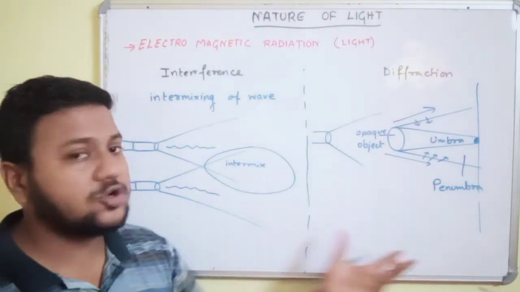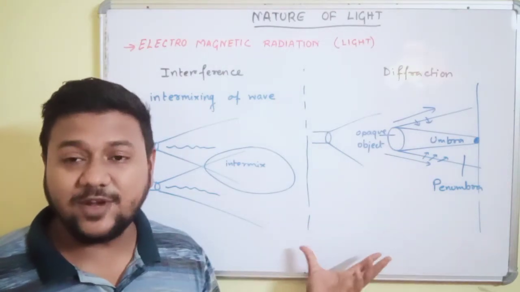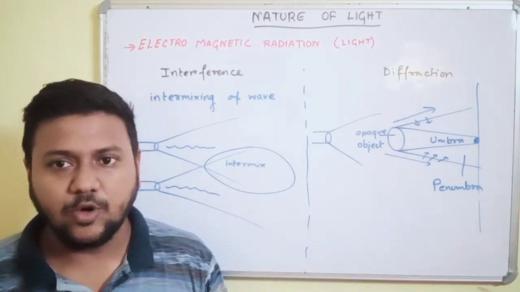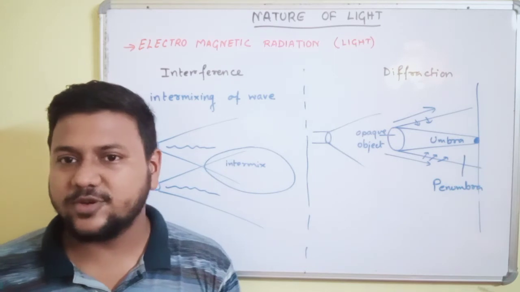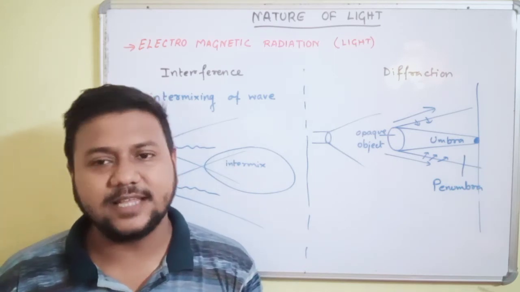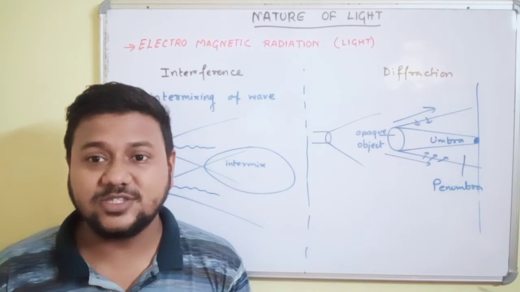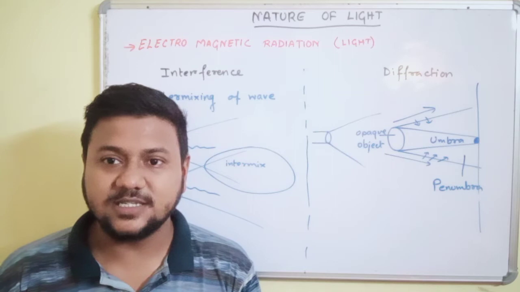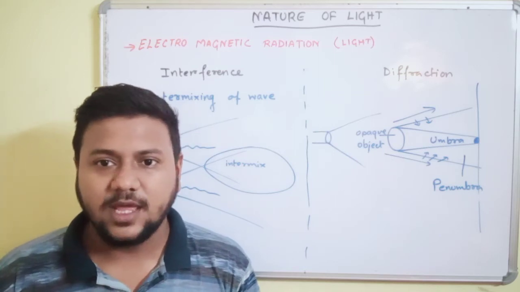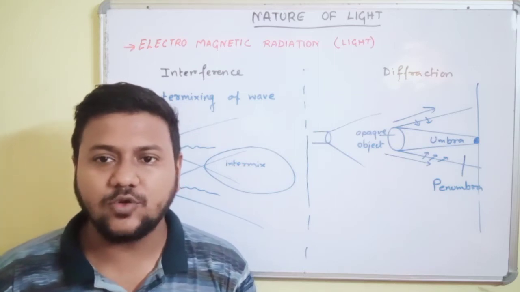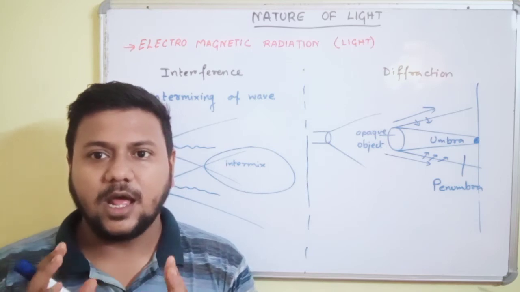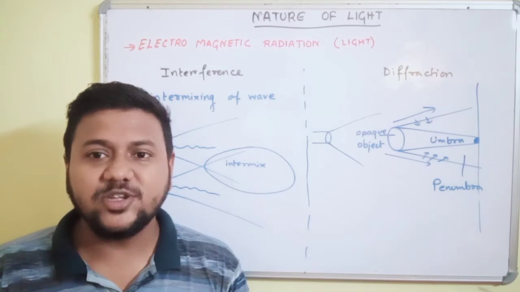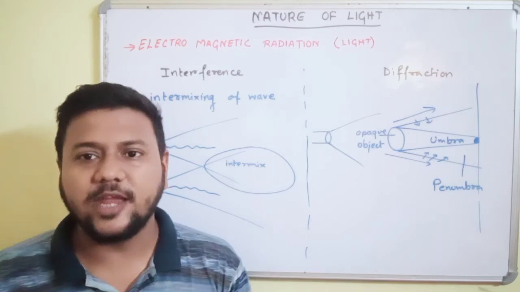So these two phenomena are the evidence of light behaving as a wave. Moreover, in class 10 we are going to discuss mainly light as a particle. There was a scientist, you might also know, Einstein, who was the first person to discuss light as a particle. He did an experiment called the photoelectric effect, by which he saw the emission of particles of light from a metal.